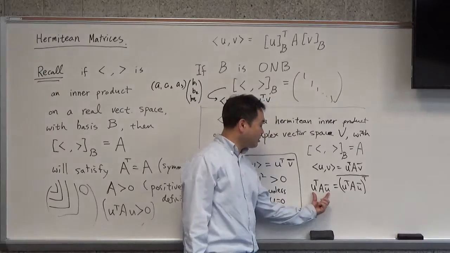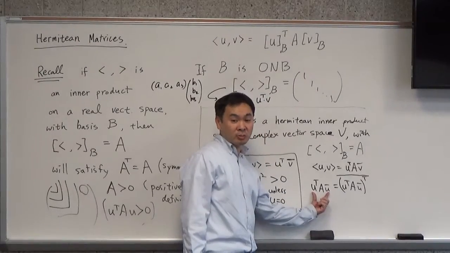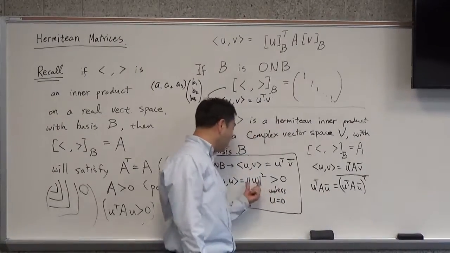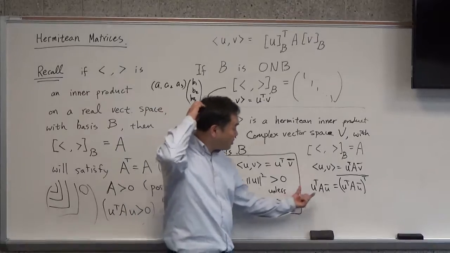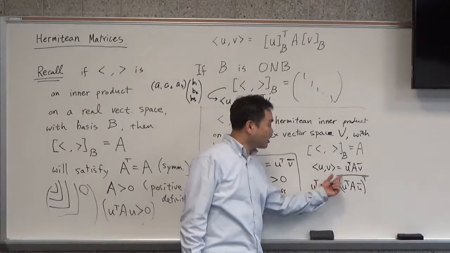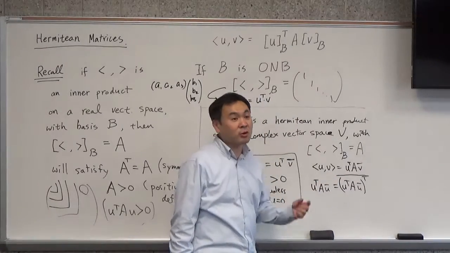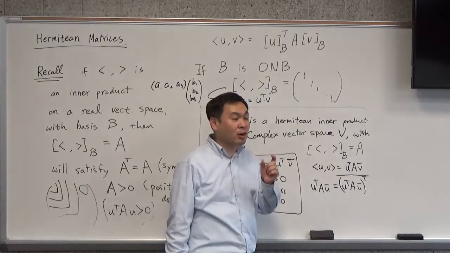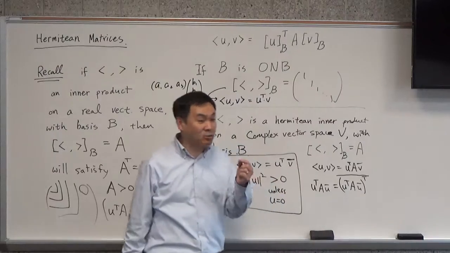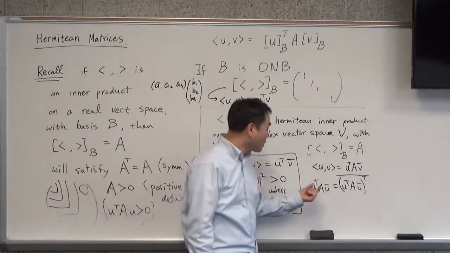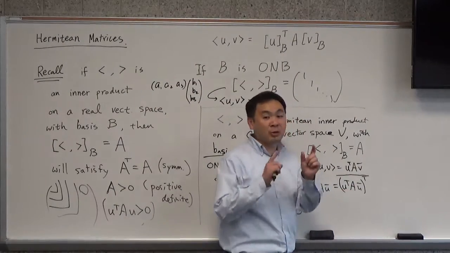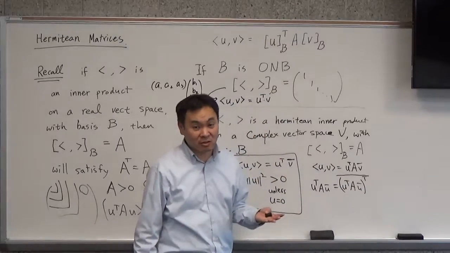What is this then? This is U inner product with U, right? That's the norm squared. That's a real number, a single number. If you take the complex conjugate of a real number, it doesn't do anything, because complex conjugate changes I to negative I. And also, because it's a one-by-one matrix, taking the transpose doesn't do anything either.